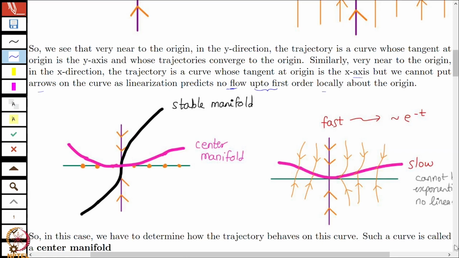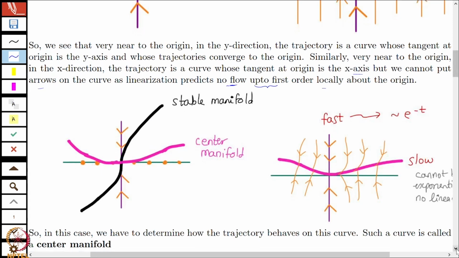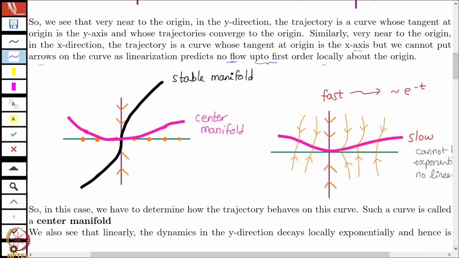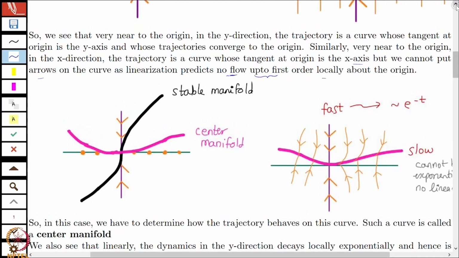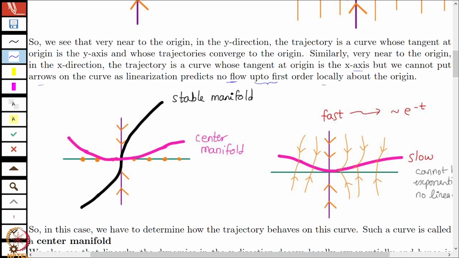So we need to determine how trajectories behave on this curve, right. And that is what will be called the center manifold, and mathematically we will write down these two expressions and check what they actually mean.